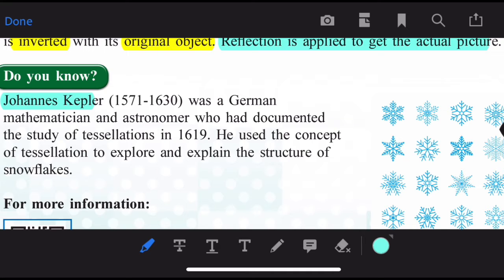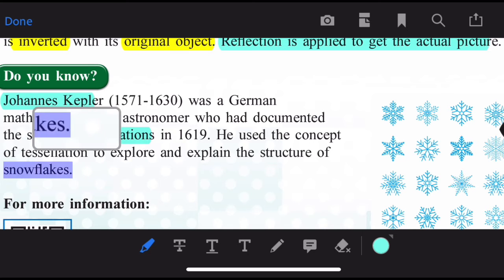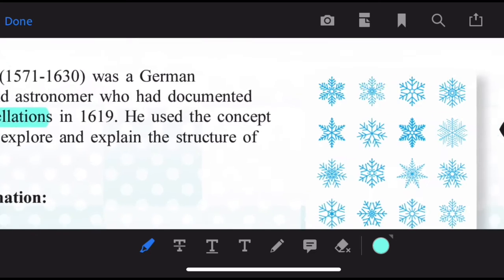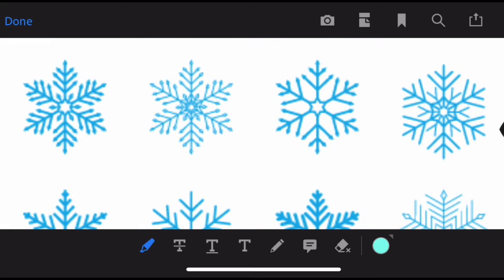He was a German mathematician and astronomer who documented the study of tessellations in 1619. He used the concept of tessellation to explore and explain the structure of snowflakes. So let's have a look at the snowflakes, which look very interesting. It is very beautiful, right?